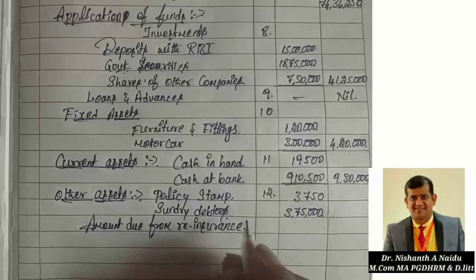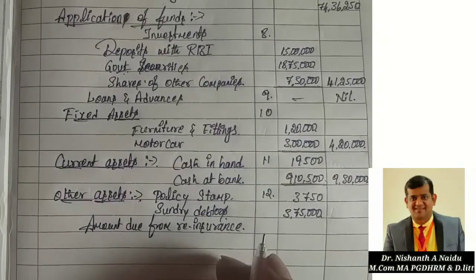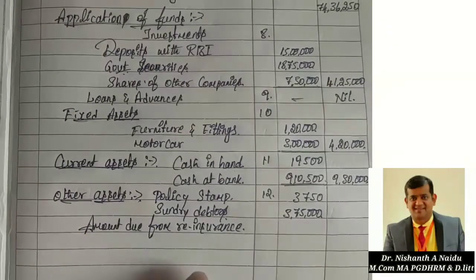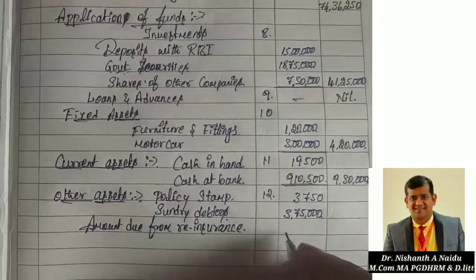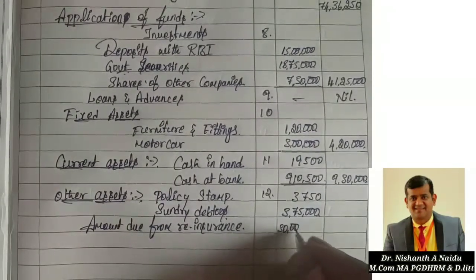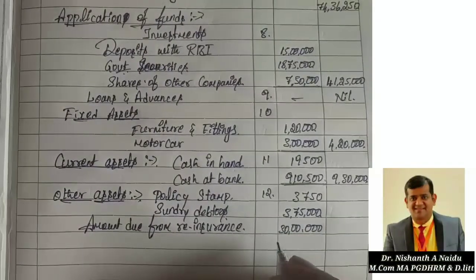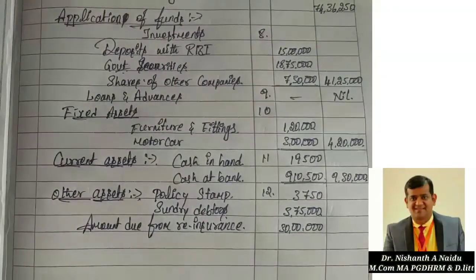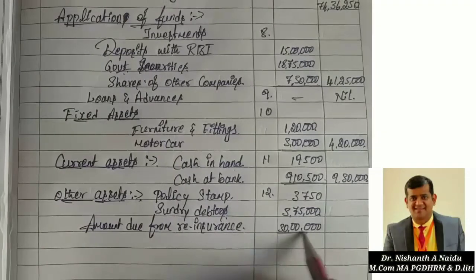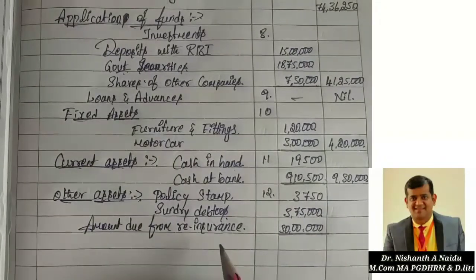How much do we have due from reinsurance? That is the second item on the credit side of the table, 30 lakh rupees. So that is 30 lakh rupees amount due from reinsurance.